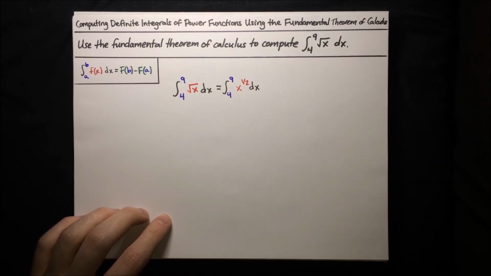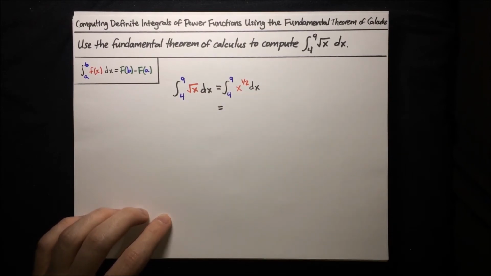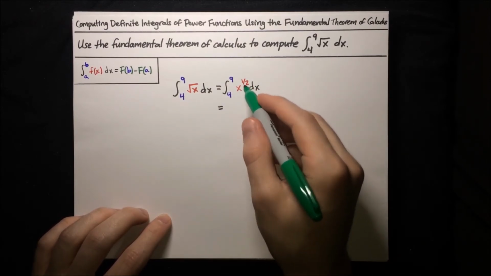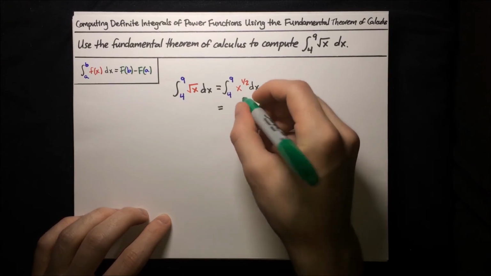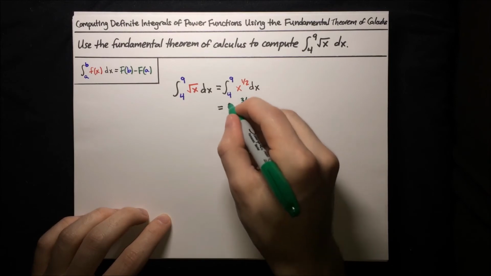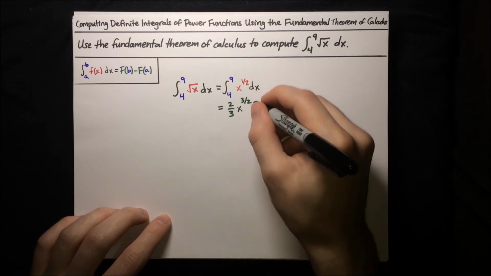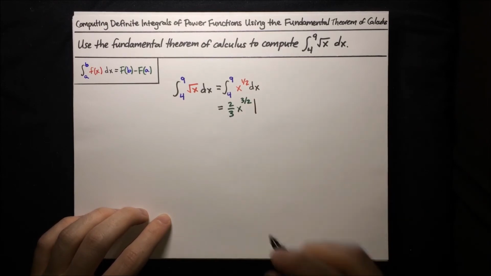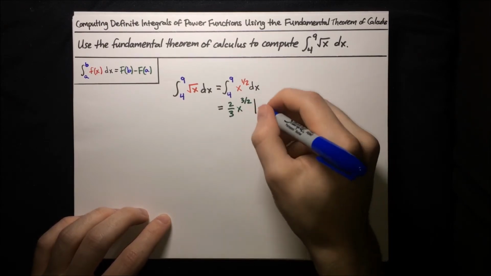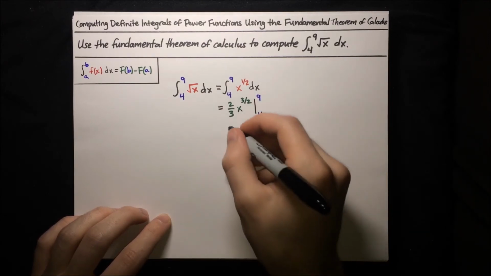Okay, and now let's go ahead and evaluate. That's a lot easier to take the antiderivative of. All we have to do is increase the exponent by 1, so x to the 3/2, and then multiply by the reciprocal, so 2/3, and then that's our antiderivative, and we need to evaluate that at the bounds. So draw a vertical line, put our bounds 4 and 9, and now it's up to us to go ahead and compute it.